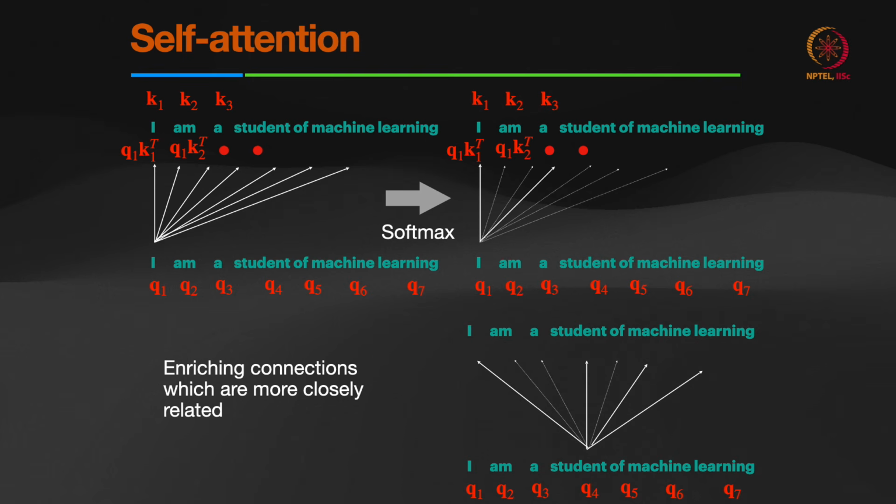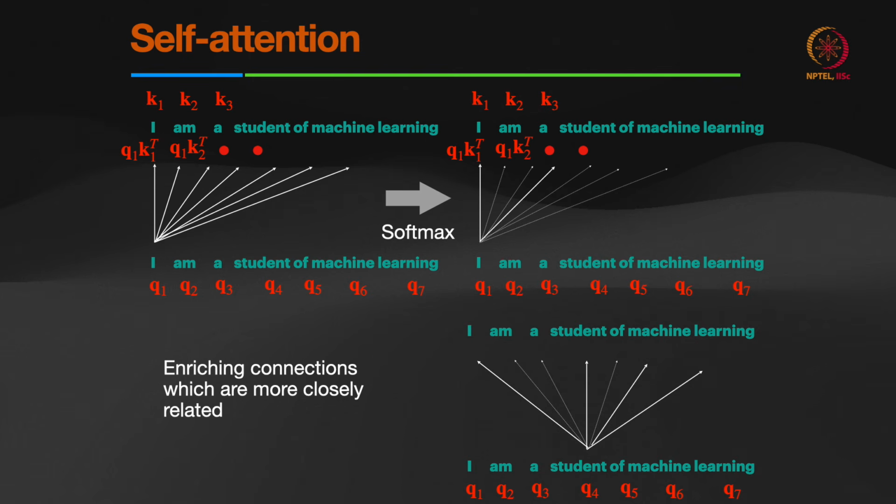If we take the example of I am a student of machine learning and start looking at pairwise relationships, Q1 K1 transpose, Q1 K2 transpose and so forth, obviously certain dot product values tend to be higher, and when you apply the softmax they tend to get further accentuated. And as you can see, maybe the word I is much more strongly connected to the word I itself as well as the word student.